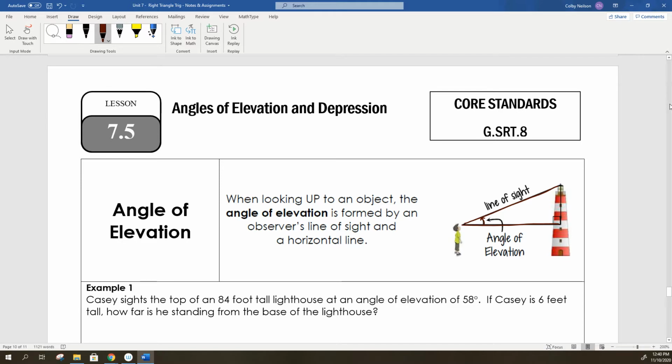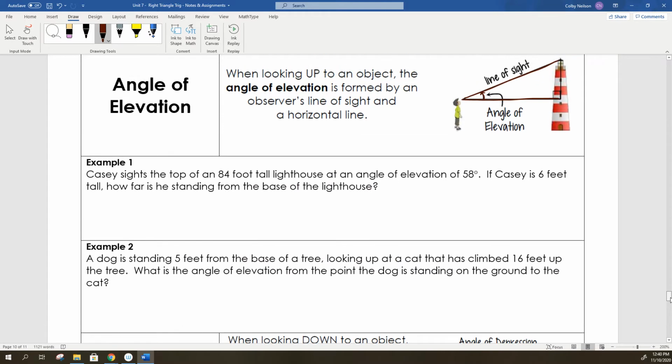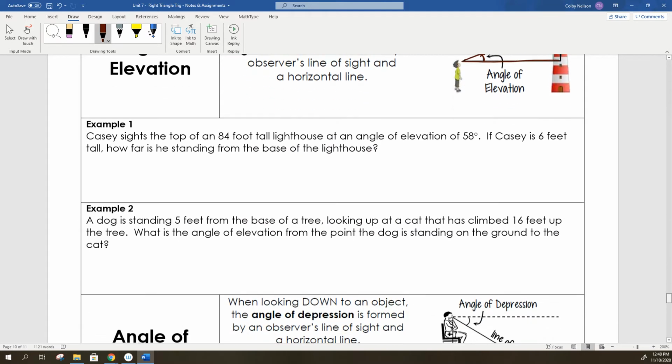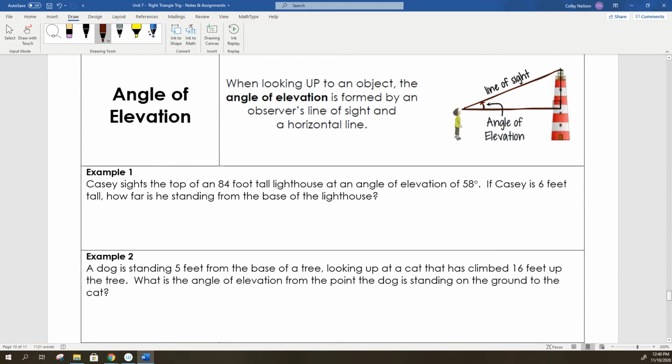Anyway, it doesn't always have to be line of sight. But as we read these situations, they all follow this idea of what is an angle of elevation. So we have a few angles of elevation, then we'll talk angle of depression, which we just rearrange to make it an angle of elevation. So let's start with example 1 here.